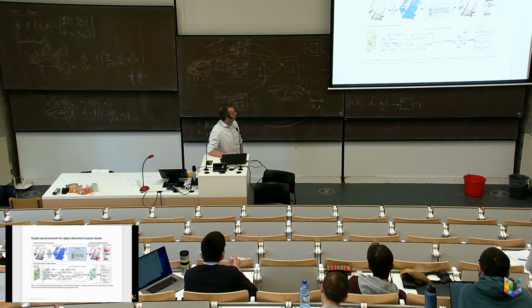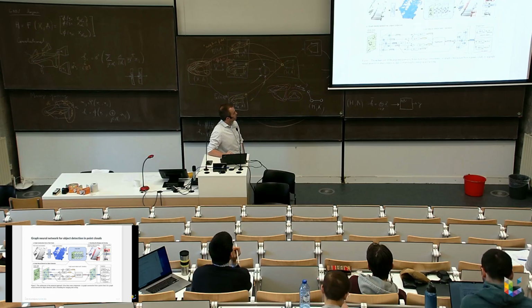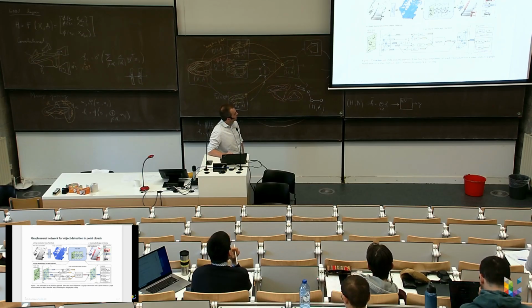Then you feed this graph to a point GNN, which takes this point cloud as input. And then what does it do? It does object detection. So let's take this part. You have the graph and its nodes. You compute vectors for each of them.